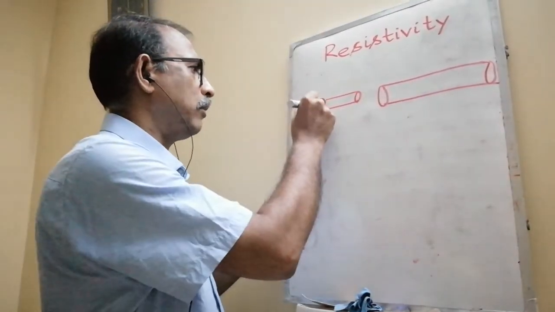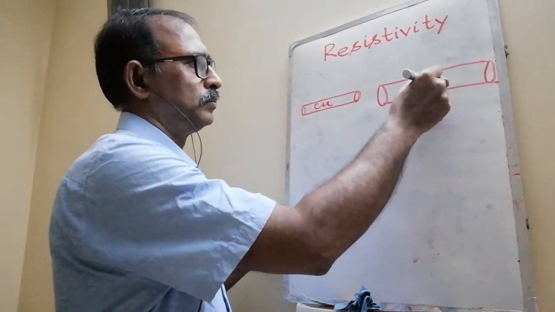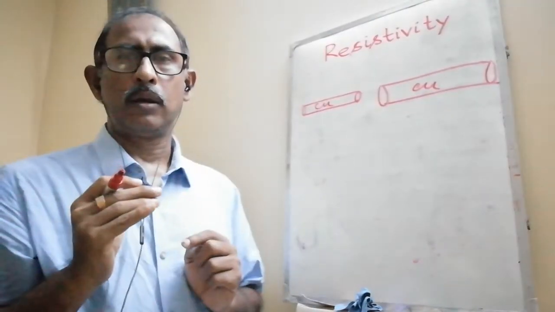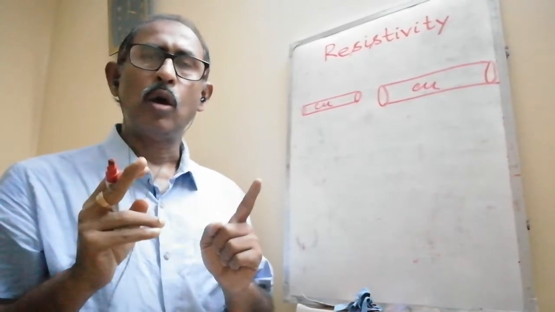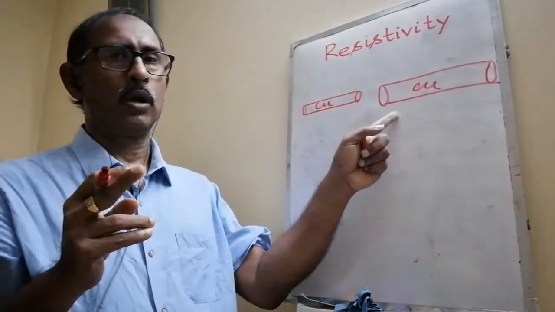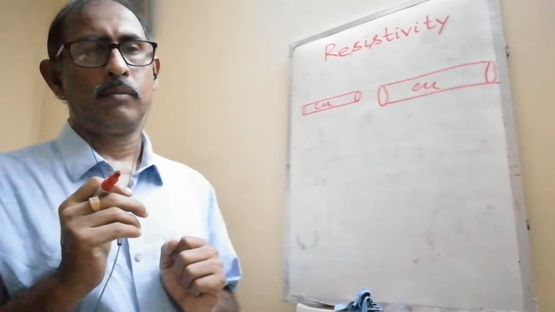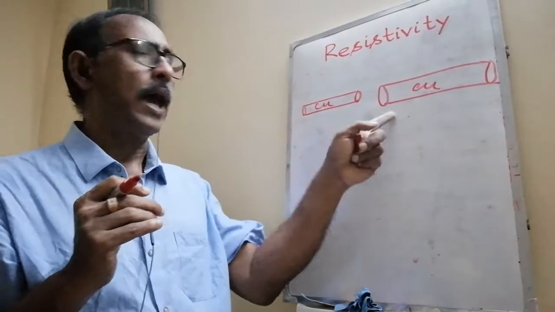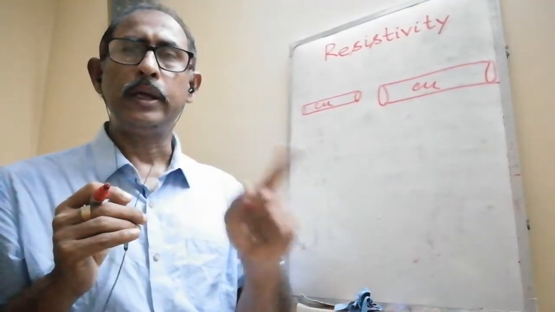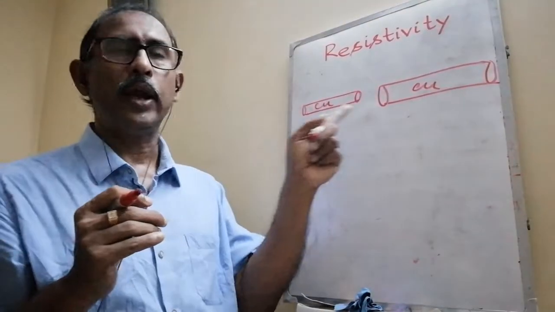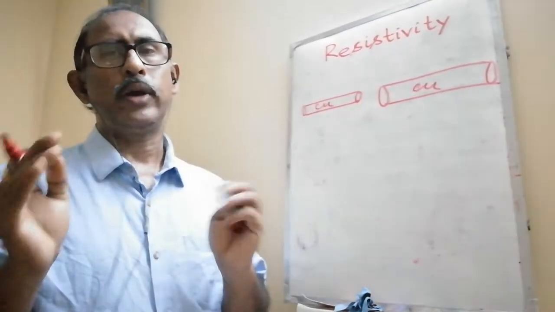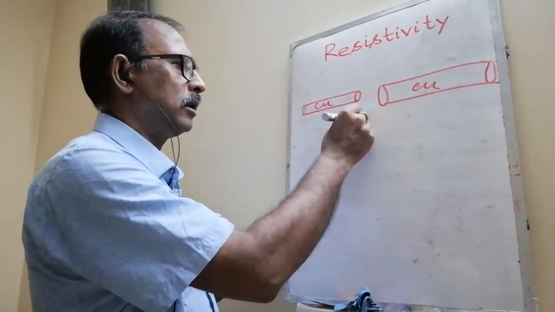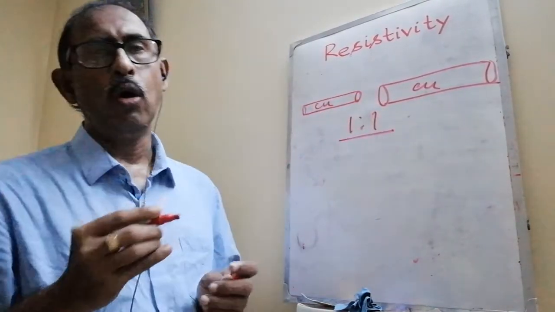As they are made of copper, the resistivity of both will be the same, but they have different resistance because they have different length and different cross section. So the ratio of the resistivity of these two conductors will be 1:1.